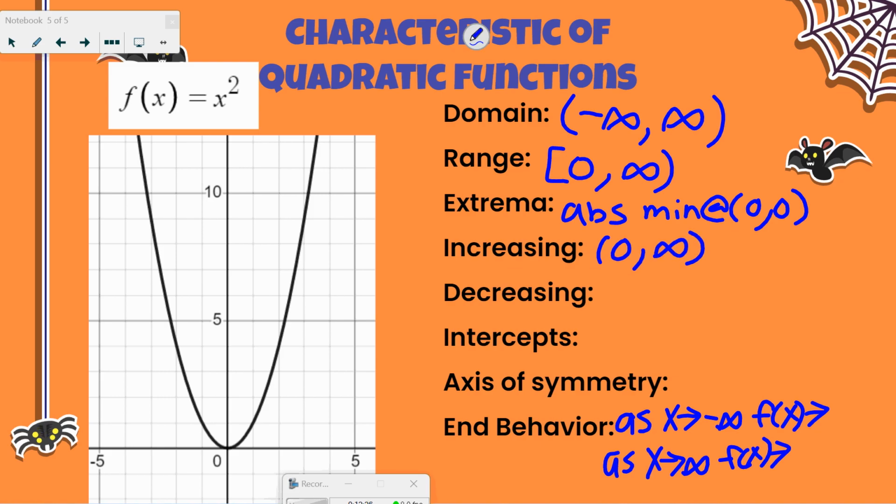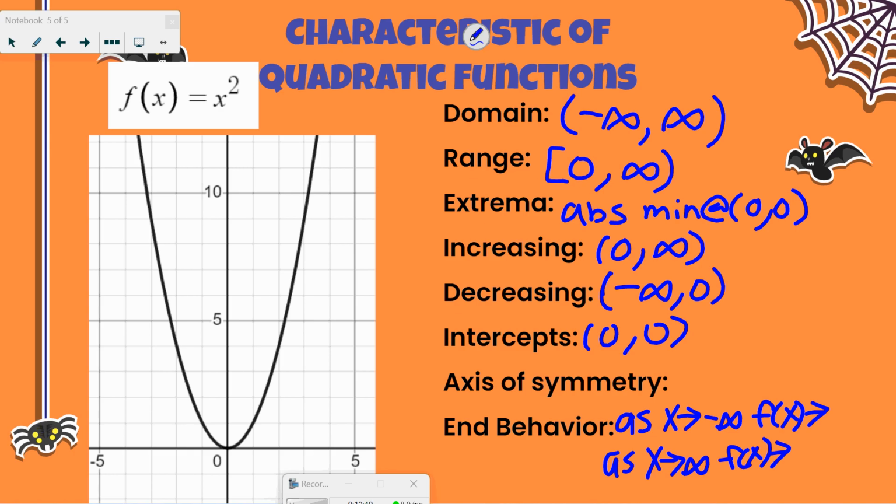And then what about you guys at that back table? Did we decrease? Good job. Negative infinity to 0. Then do we have any intercepts, you guys at that back middle table? Only 0, 0. And then we talked about it before.